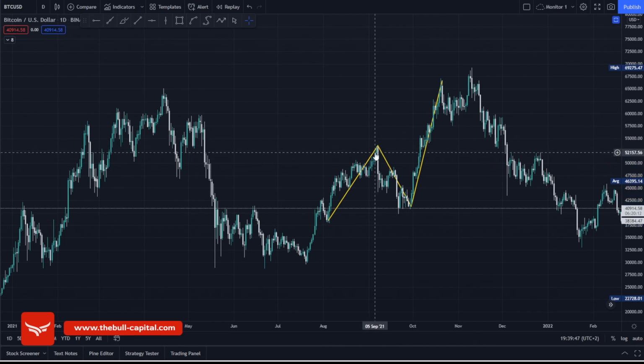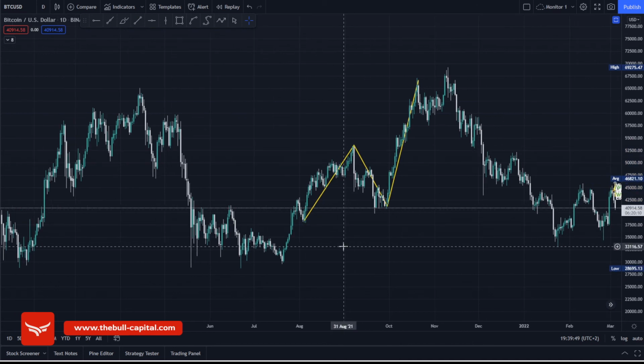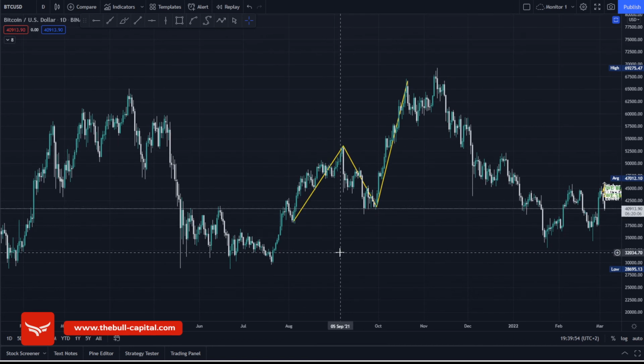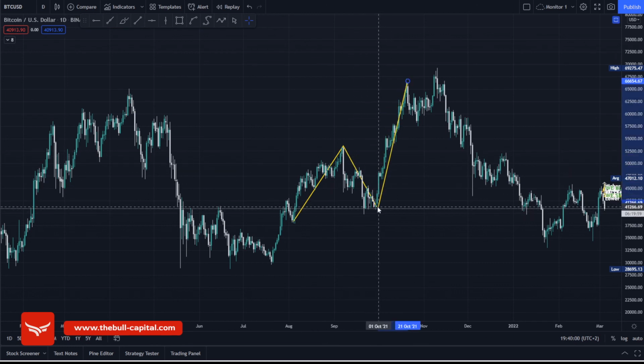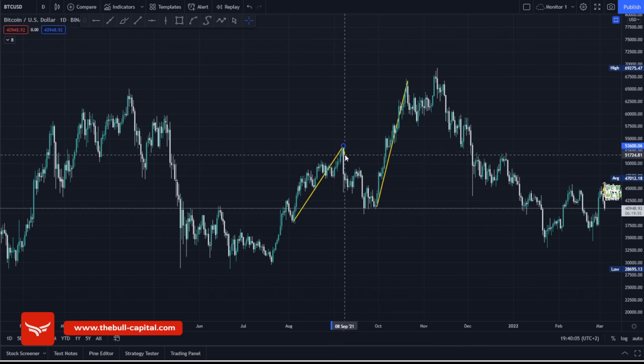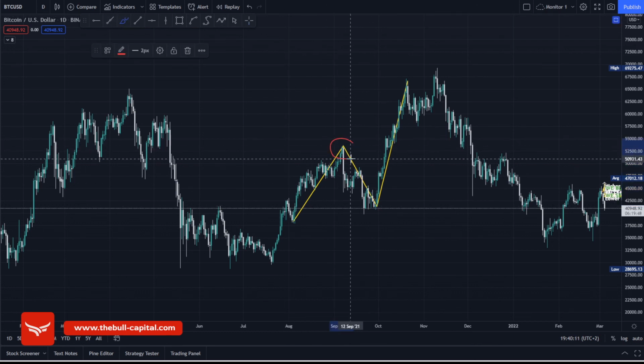Here the price stopped, and we have a swing high. From here the price starts to fall again and creates this swing low, but it also created a peak. So it created a peak and a valley.